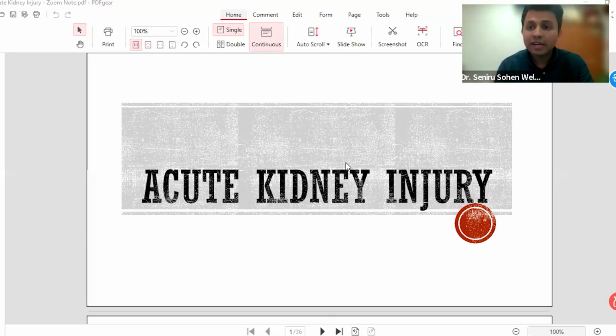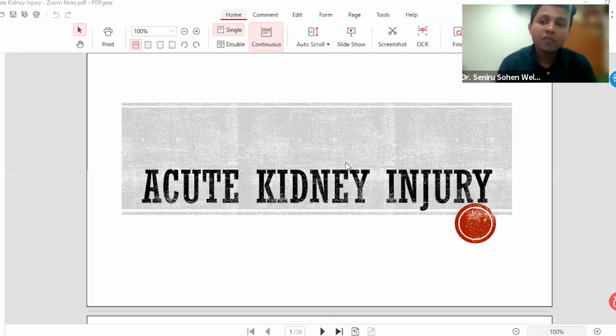So, based on the creatinine definition, we have two bullet points. That is, an increase in serum creatinine more than or equal to 0.3 milligrams per deciliter within 48 hours. This reflects an absolute rise in creatinine. Then the next bullet point is that the increase in serum creatinine can be relative.